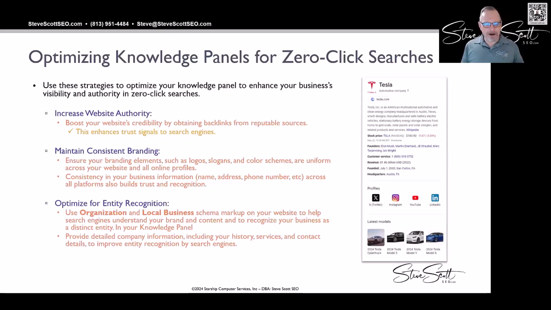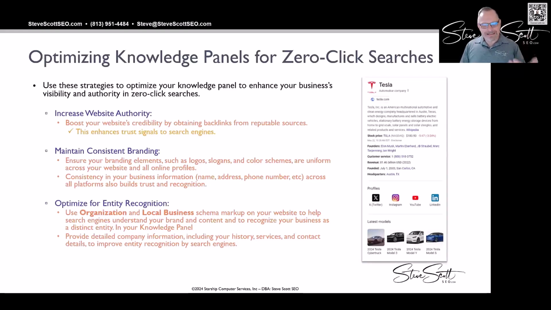So you want to optimize for this entity recognition. We can do it using organization and local business schema markup on your website. It helps the engines understand your brand, because for an organization, you can tell them what your URL and what your logo is. You can also help for local. You can talk about what your other properties are, like your Twitter and your Instagram and so on. And they can then recognize your business as a distinct entity, and in your knowledge panel, they can add that information.